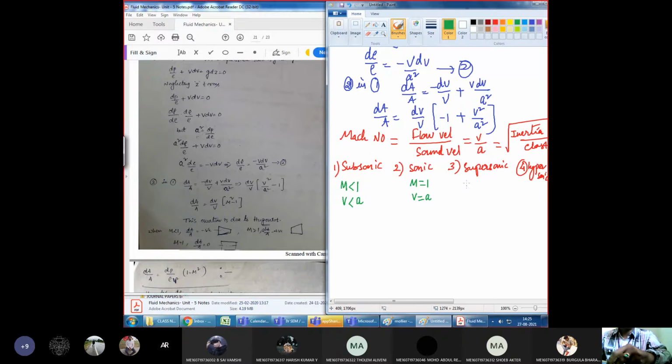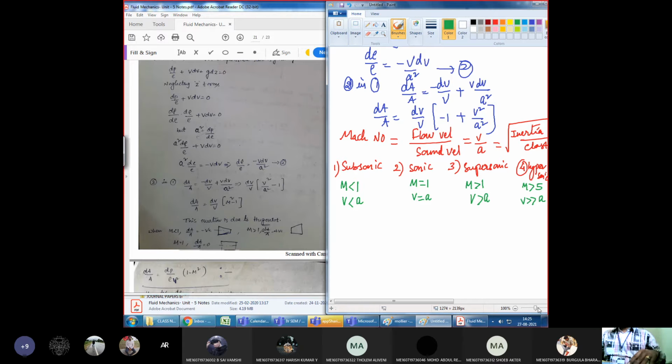In supersonic flow, Mach number is greater than 1, therefore flow velocity is greater than sound velocity. In hypersonic flow, Mach number is greater than 5, and flow velocity is very much greater than the sound velocity. Remember, based on the Mach number, the flow can be any of these four types.